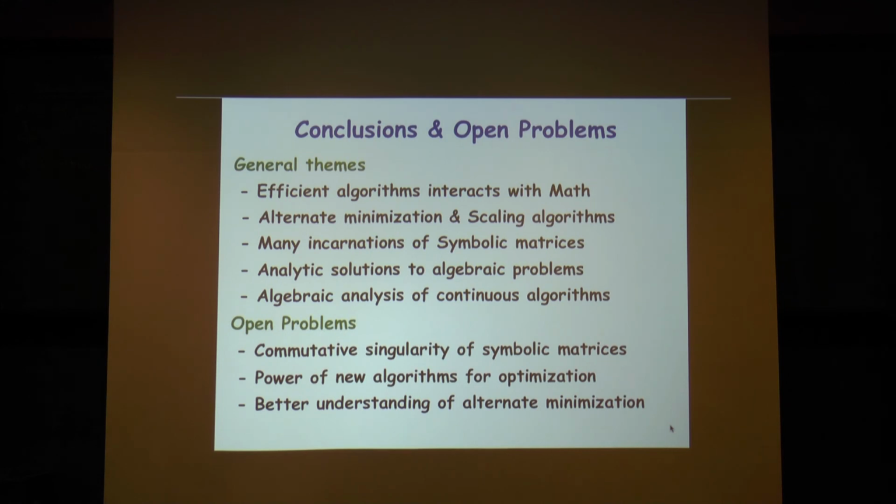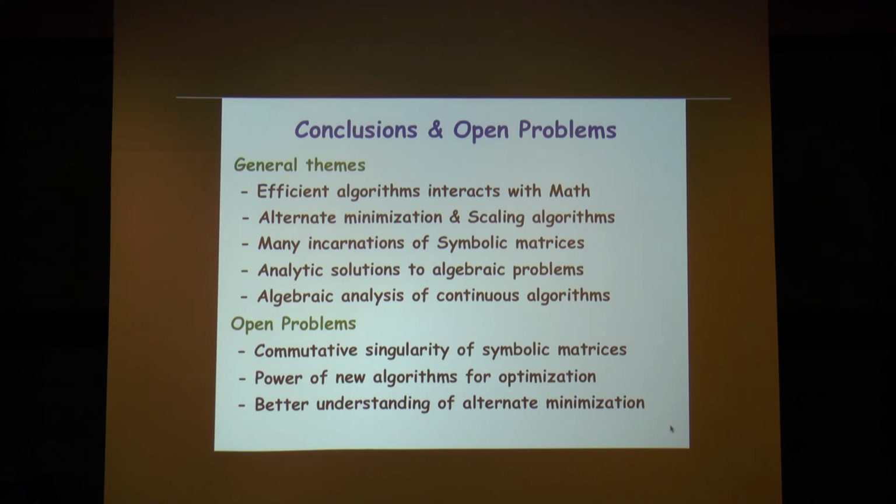And summarize. So what did we see? I want to point out again these really beautiful connections to many areas of math. We saw alternate minimization and scaling algorithms and some analysis for them.